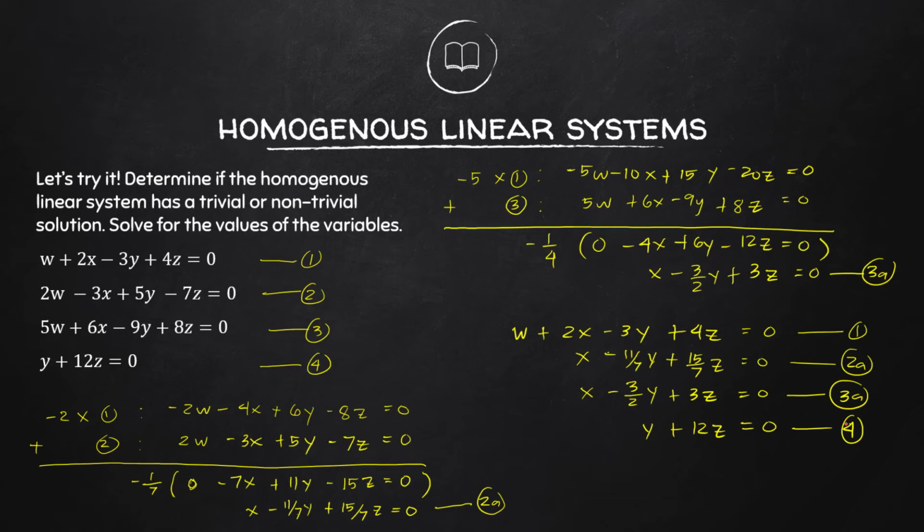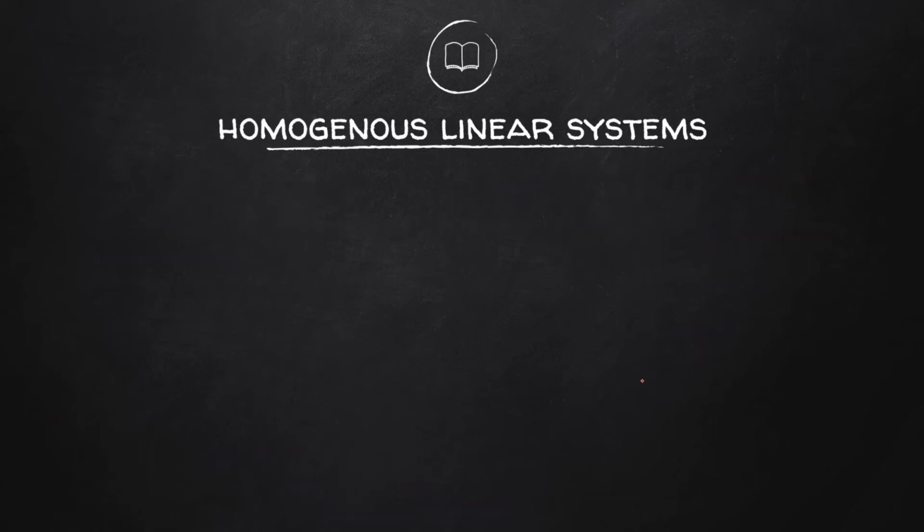The next step is to eliminate the variable x in the third equation by using again the process of elimination. To do that, we will subtract 3a from equation 2a.